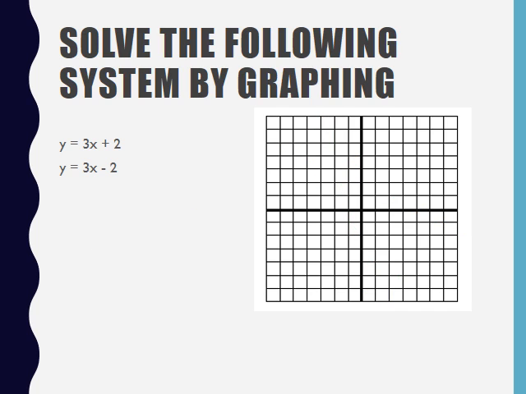Okay. All right. Again, these are in slope-intercept form. The first equation, my slope is 3. My y-intercept is 2. So I'm going to go to 2, up 3 and over 1, down 3 over 1, all the way through. Graph that a little bit better.